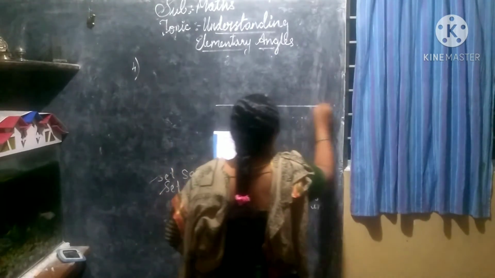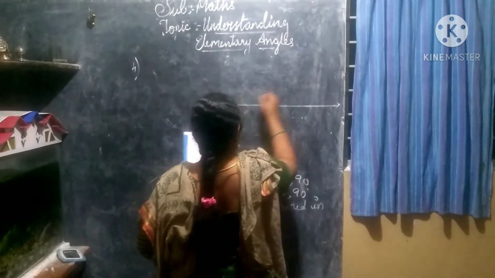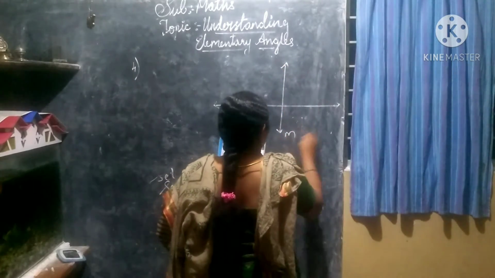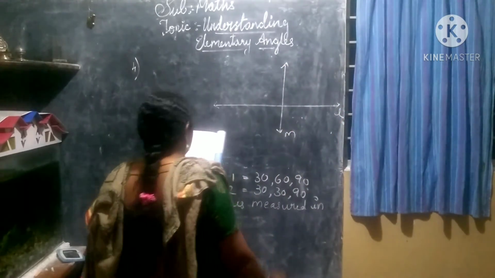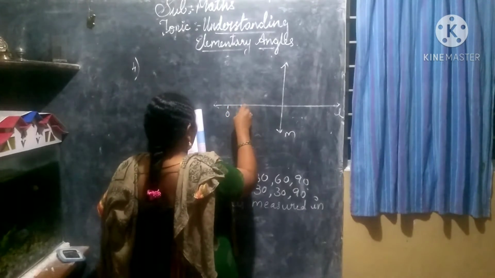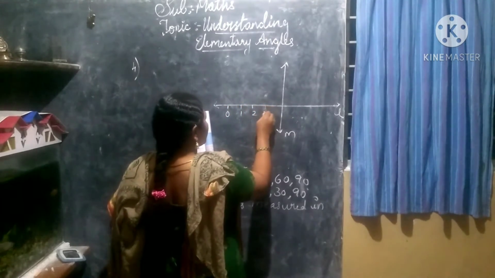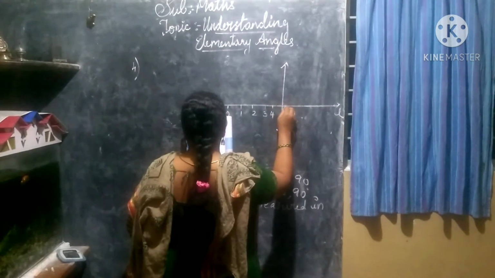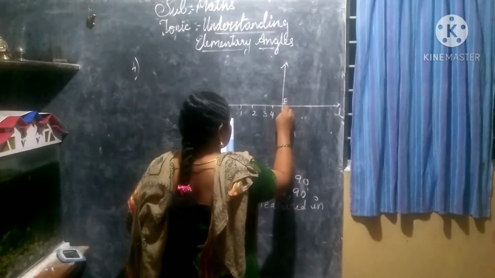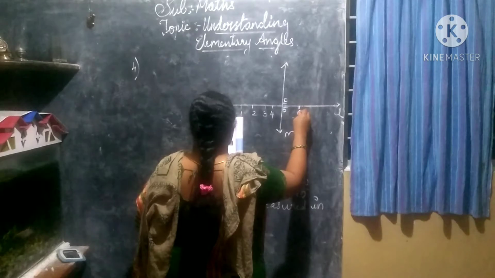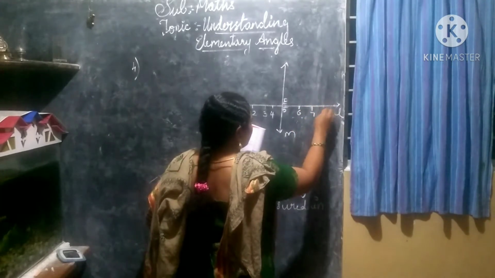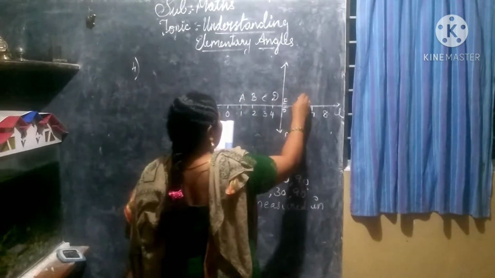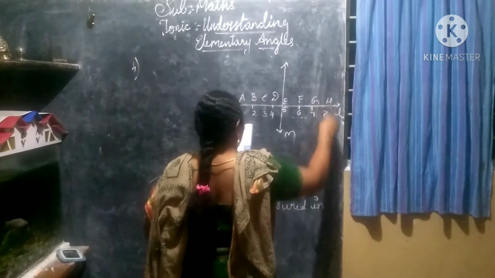This is line L and we have line M. Here they have given a number line: 1, 2, 3 and 4. This side this is 5, the midpoint is E, 5. Here we have 6, 7 and 8. And here they have given A, B, C, D, E, F, G and H.